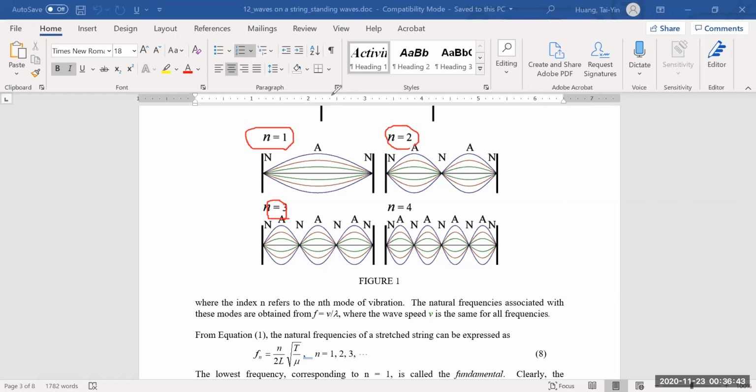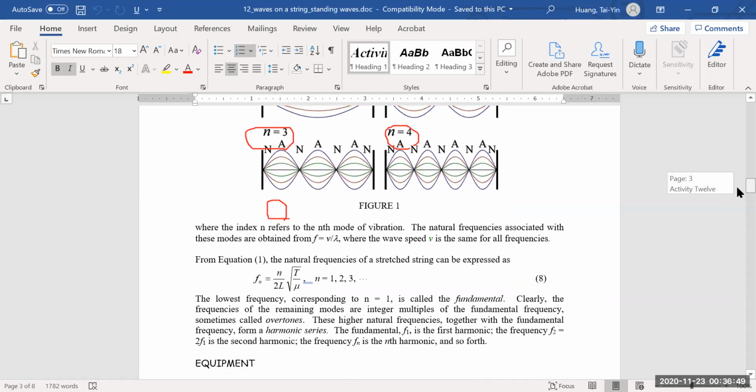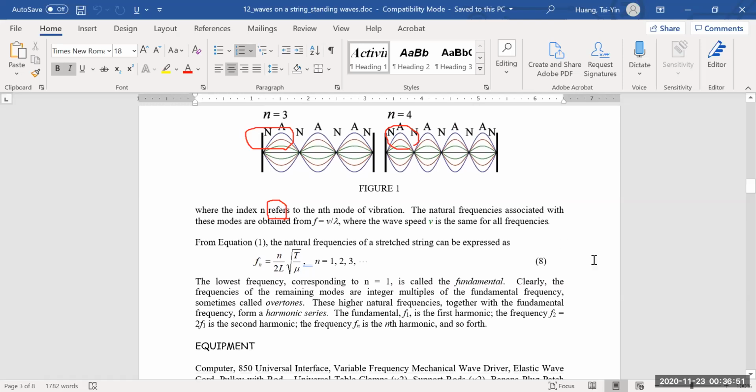Once you find the first fundamental frequency, F sub 1, you'll find that the higher order harmonics or overtones frequency can be found quite easily, because F sub n is equal to the integer, the mode number, times F sub 1.